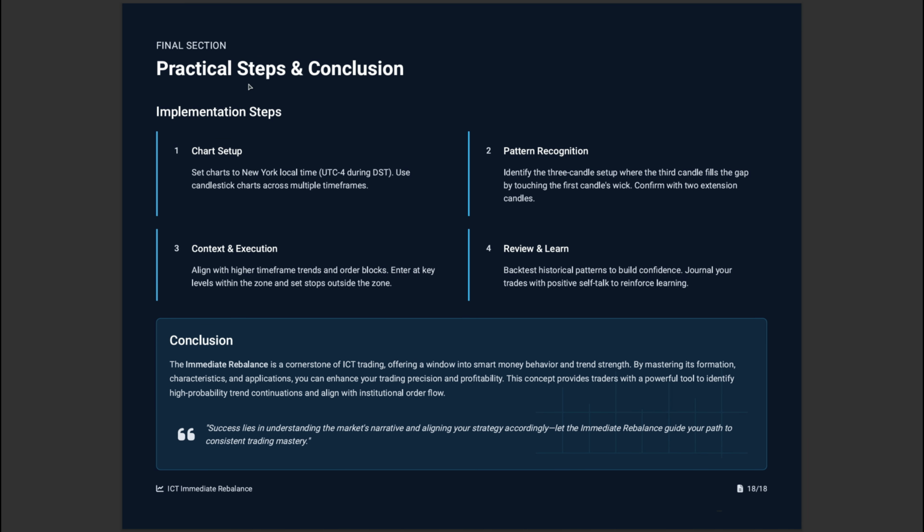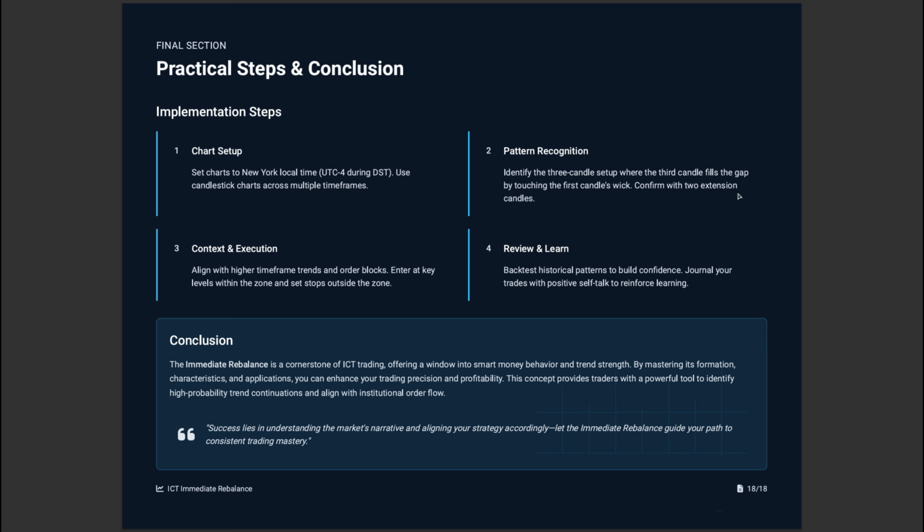Now, for the final section: practical steps and conclusion. Implementation steps. Number 1, chart setup. Set charts to New York local time, UTC-4 during DST, and use candlestick charts across multiple time frames. Number 2, pattern recognition. Identify the 3 candle setup where the third candle fills the gap by touching the first candle's wick.